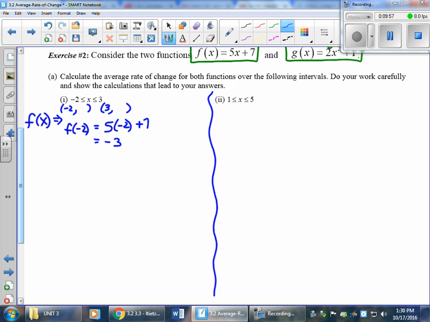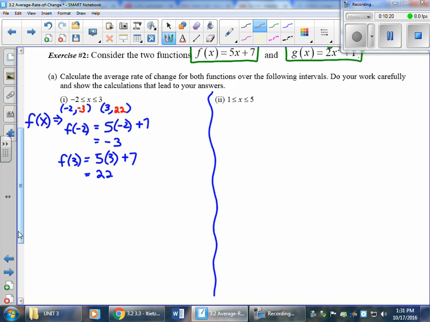And then f of 3, which is the second half of our interval here, is 5 times 3 plus 7, which is equal to 22. So again, what I'm referring to are those points, -2, -3, and 3, 22.